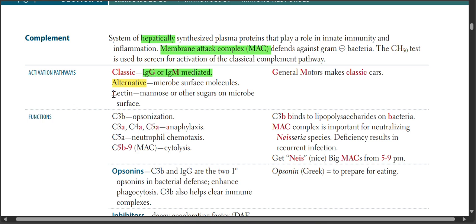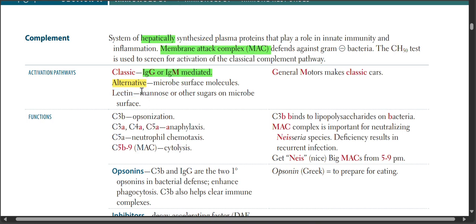Finally, you have the lectin mannose binding pathway. Some bacteria have a mannose sugar group on their cell wall. Whenever the complement's lectin binds to this mannose, it can trigger the complement activation.